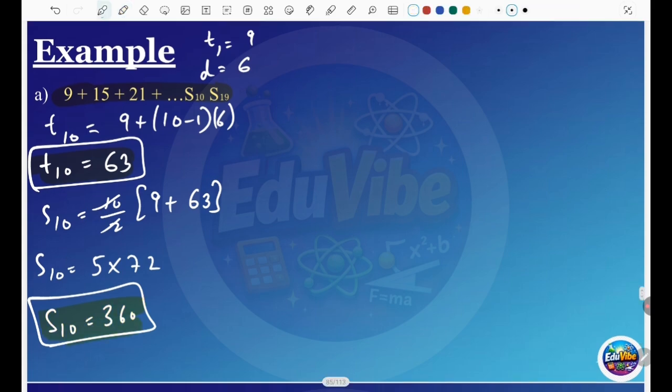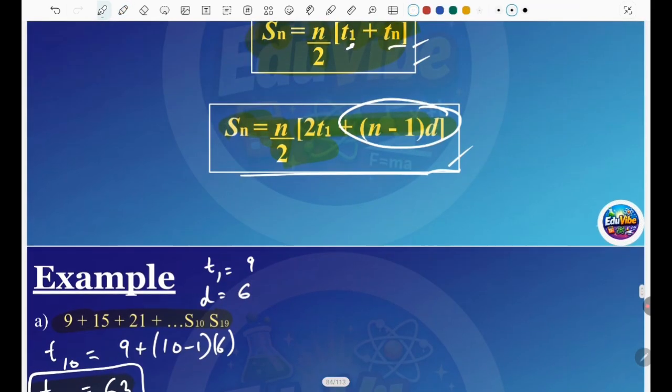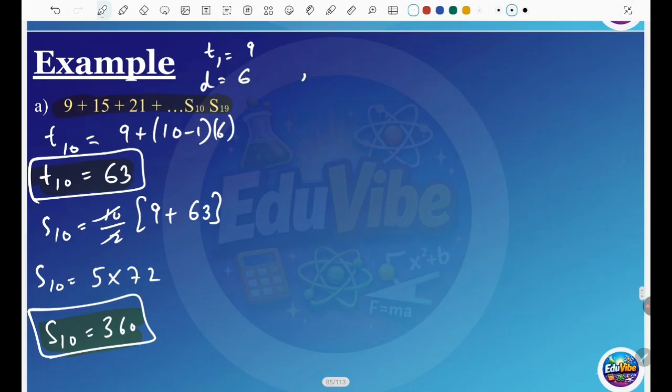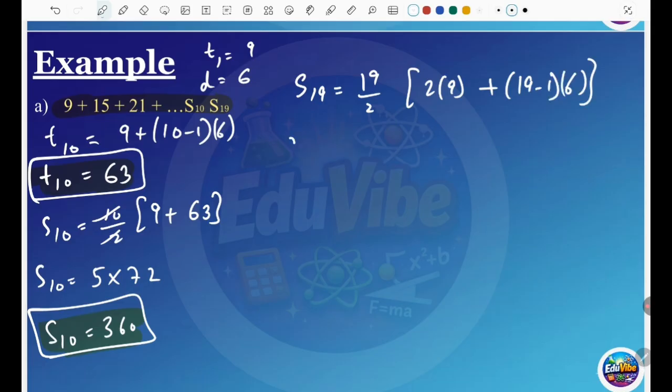You can do the same thing with S19, but this time I use the other formula so that you get introduced to that formula too. S19 is 19 divided by 2 times (2 times 9 plus (19 minus 1) times 6). Do the calculation inside the bracket first: 18 plus 108.